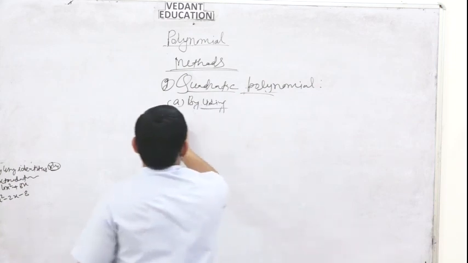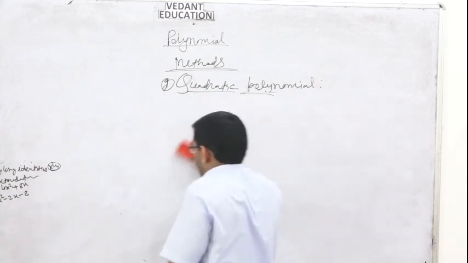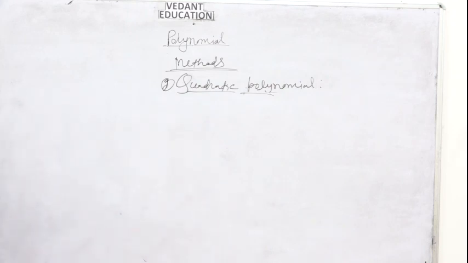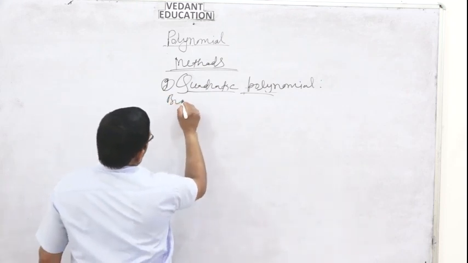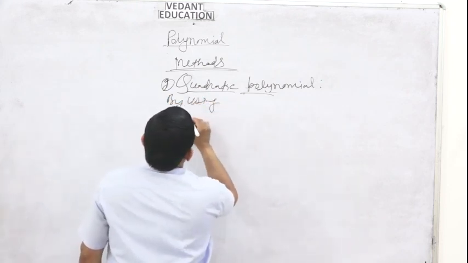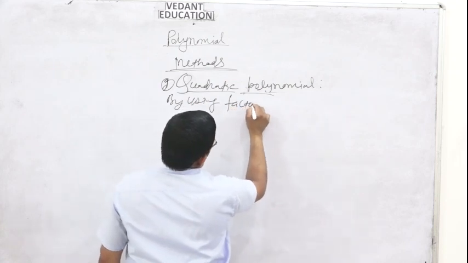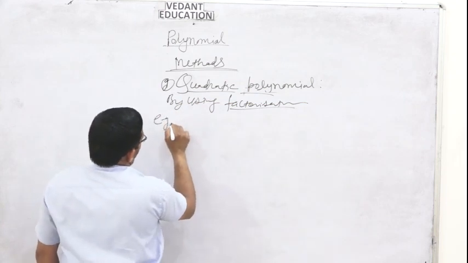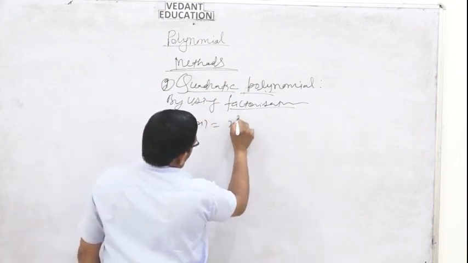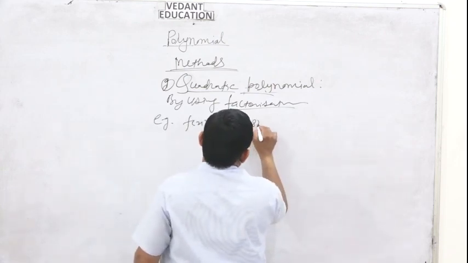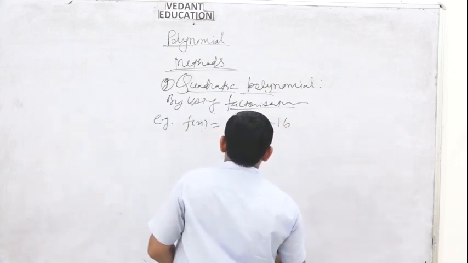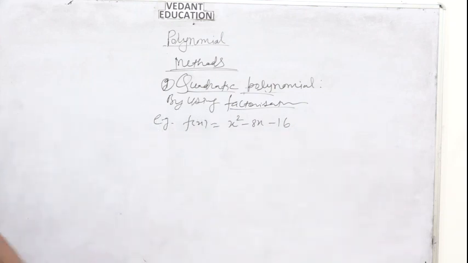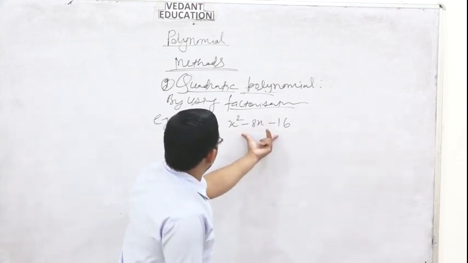We can also solve quadratic polynomials by using factorization. Suppose the polynomial is f(x) is equal to x square minus 8x plus 16. This is a quadratic polynomial.